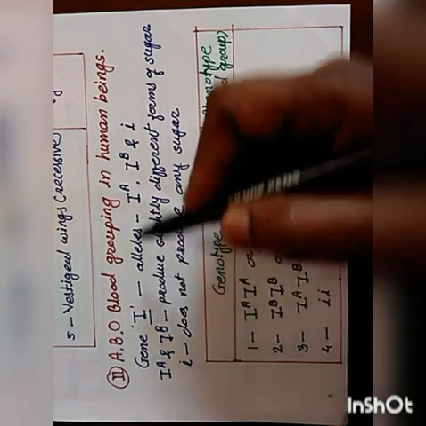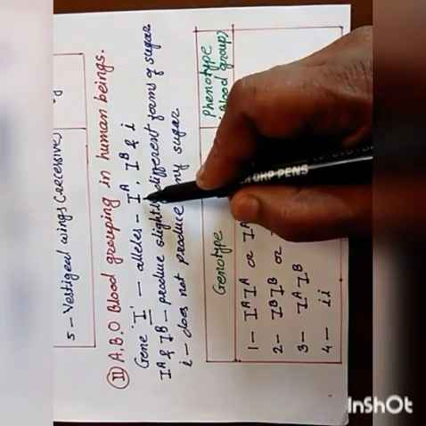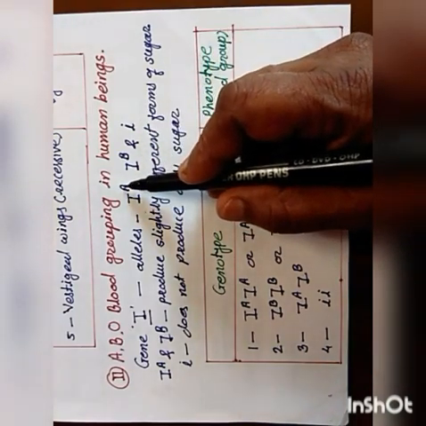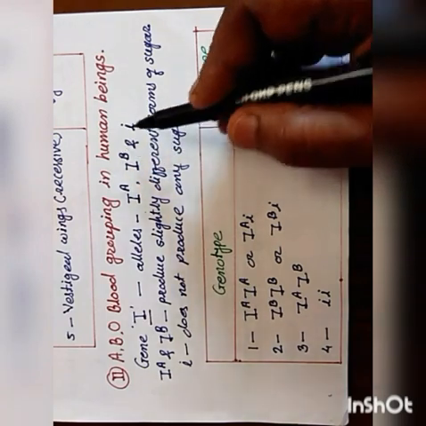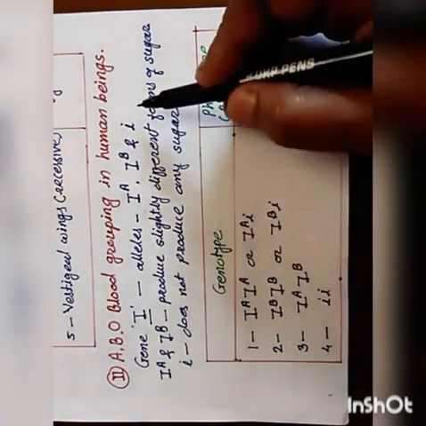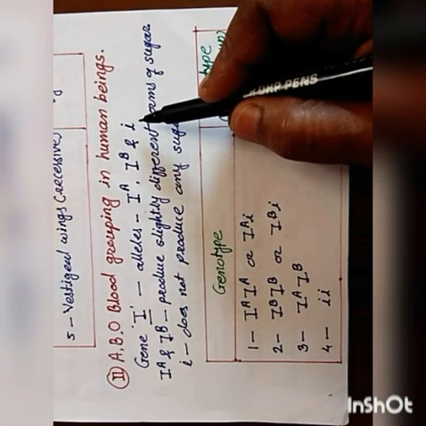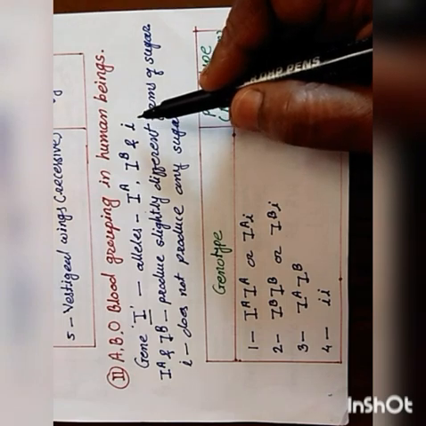This gene I has three different alleles, and these three different alleles are IA allele, IB allele and the small i allele. And these three alleles are responsible for the expression of different types of the blood groups.